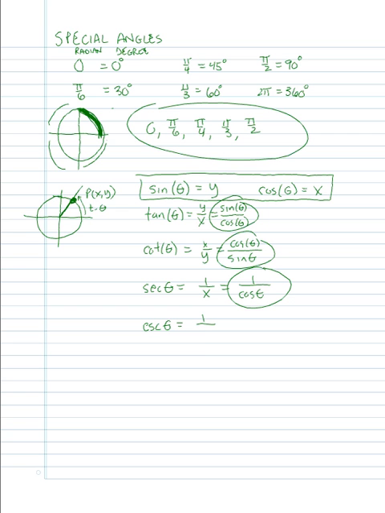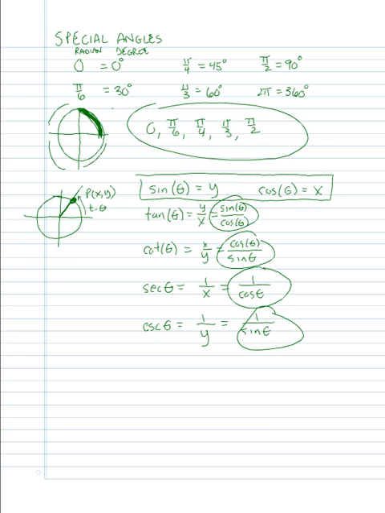Cosecant of theta, we were told, by definition, is 1 over the second coordinate. Well, the second coordinate is also the sine of theta. So once we know the sine of theta, if we remember that the cosecant of theta is 1 over the sine of theta, then we can easily calculate it.